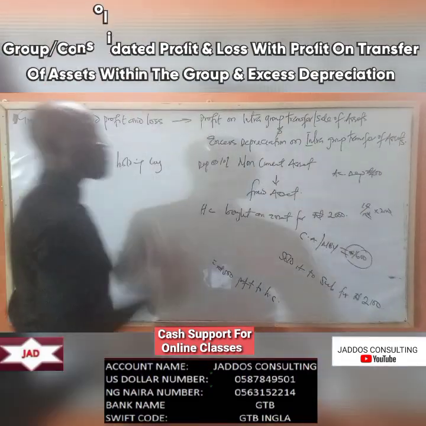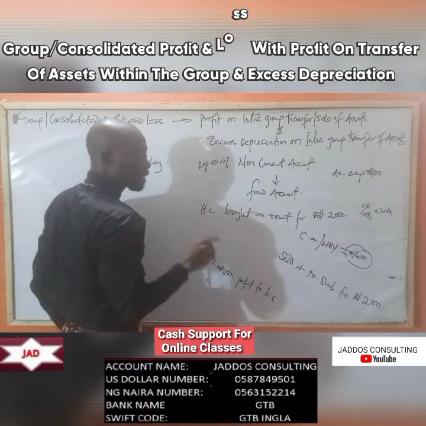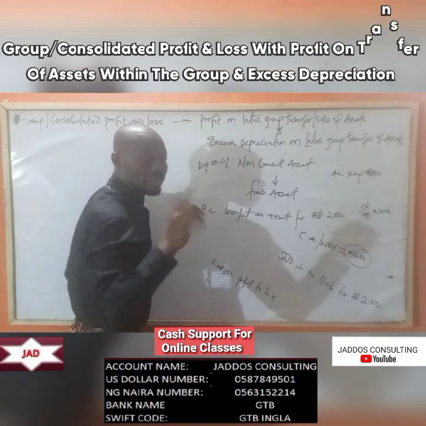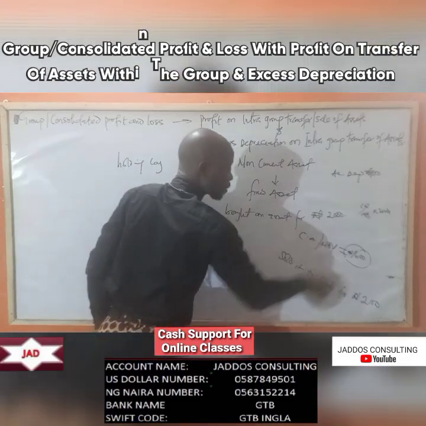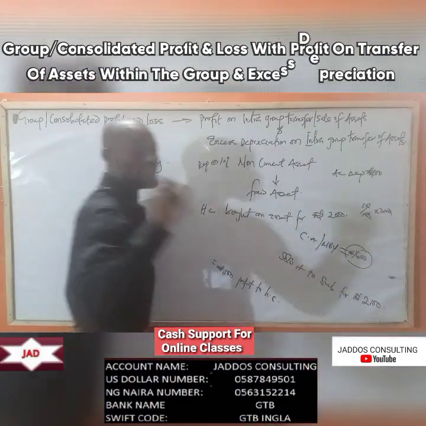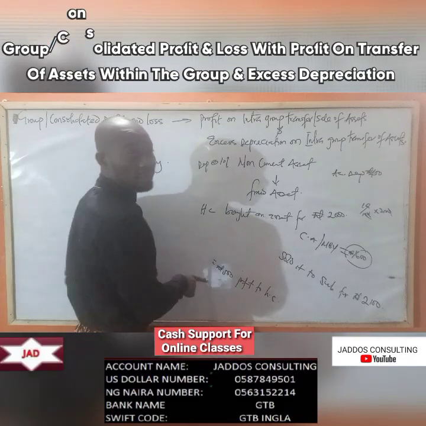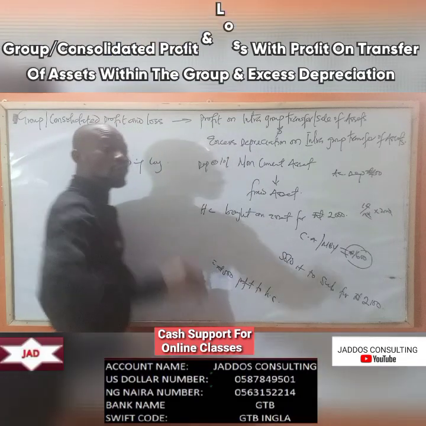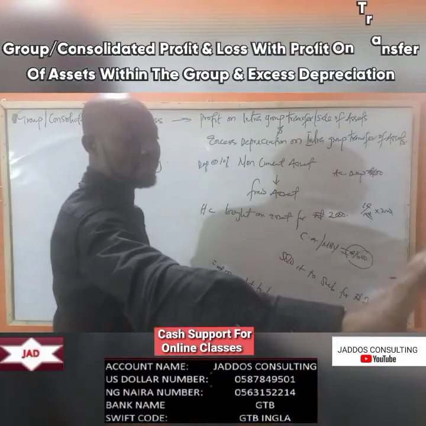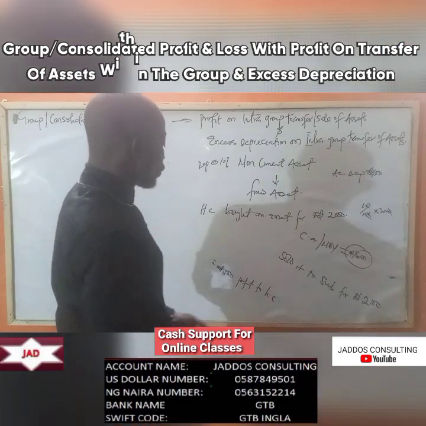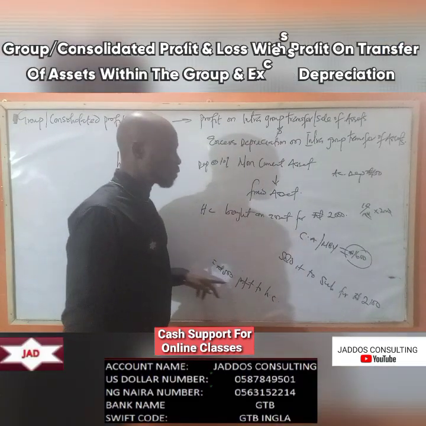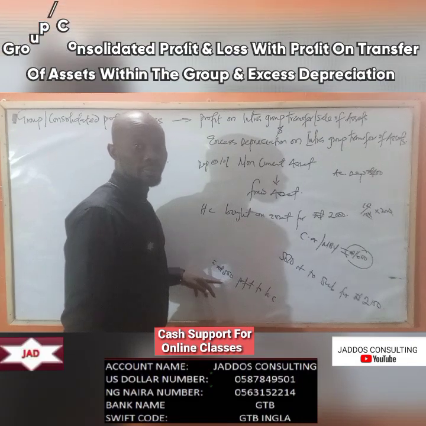Now, remember that because the holding company sold the asset at 1,600 to the subsidiary for 2,100, the holding company made a profit of 500. So from the holding company's perspective, at separate entity level, the holding company will record this profit on disposal as an income.